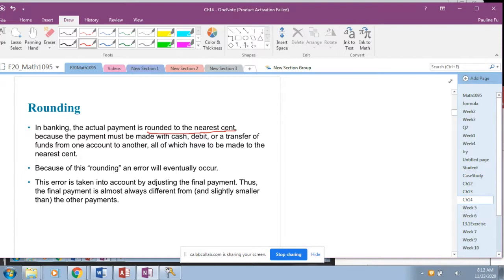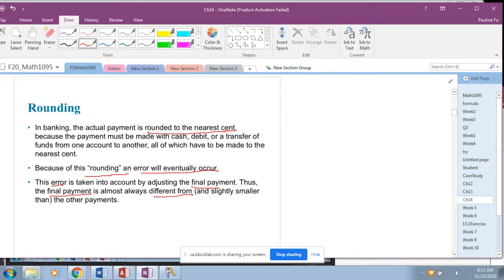Because each time you round to the nearest cent, because of this rounding, an error will eventually occur because it is accumulated maybe after 20 years. And this error is taken into account by adjusting the final payment. So because of this reason, the final payment usually is different from other payments.